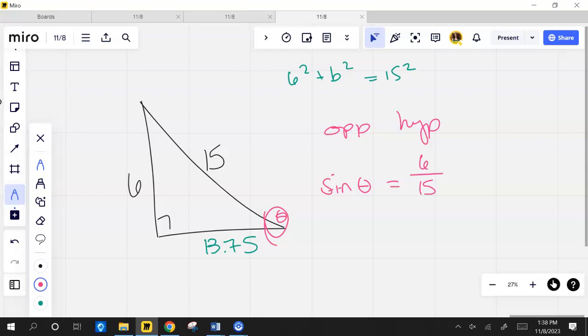To get rid of this, I need to do an inverse, and if I do it to that side, I have to do it to this side as well. So theta is going to be the inverse sine of 6 over 15. If you take out your calculator and do second sine, 6 divided by 15, it will give you about 23.6 degrees.